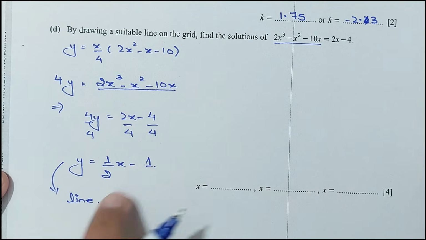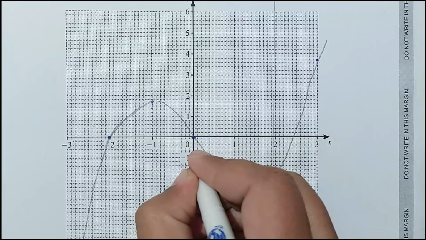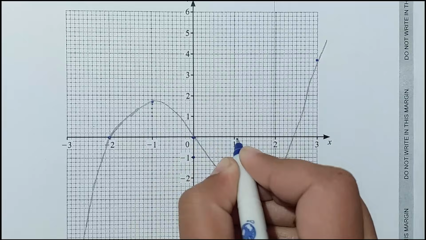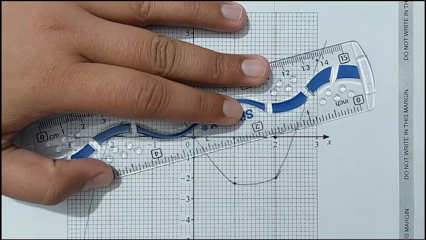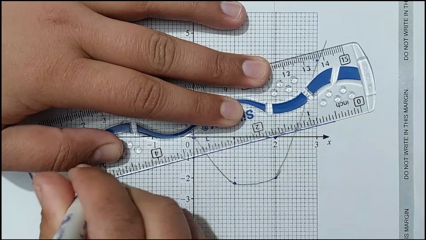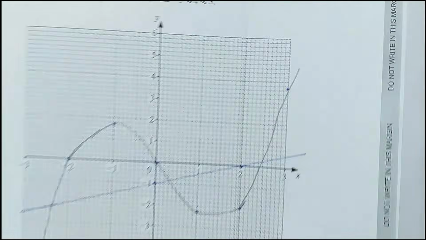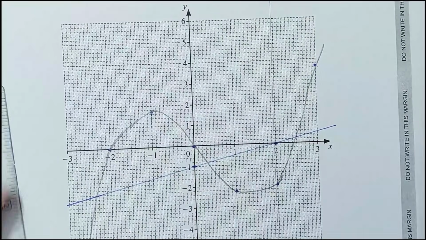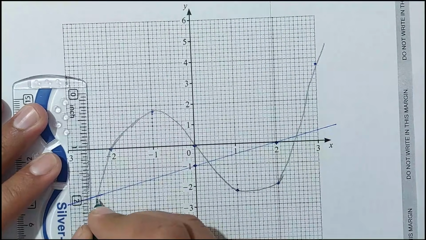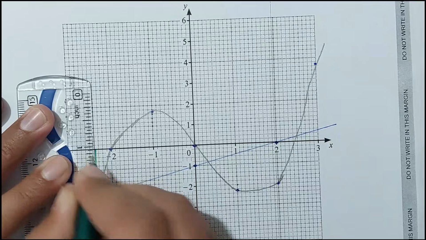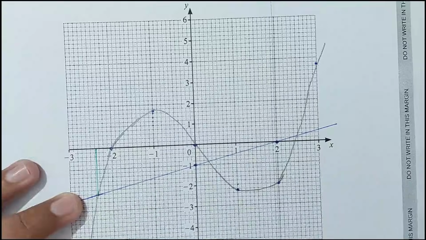The y-intercept is negative 1 and the slope is 1 by 2. Label the y-intercept, which is negative 1, the slope is 1 by 2, the rise is 1 unit and the run is 2 units. This would be the line joining the 2 points. Now we have to find the solutions, at what points it cuts the graph. This point, minus 2.35.